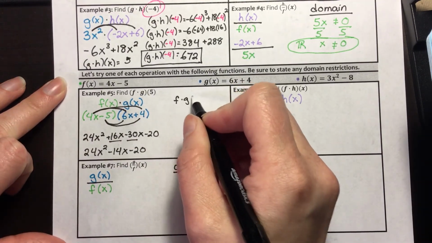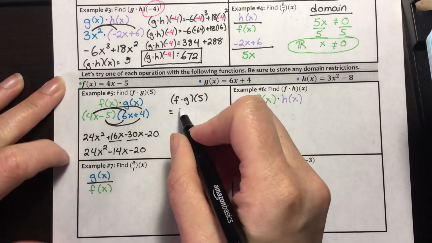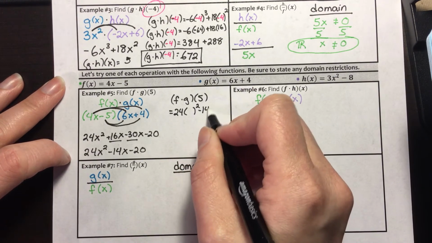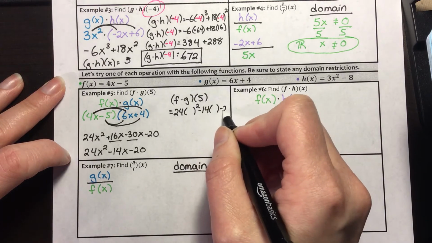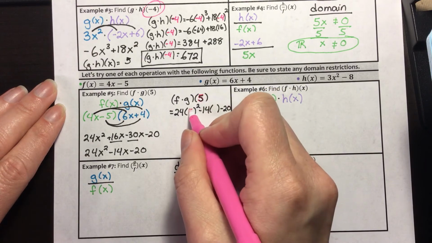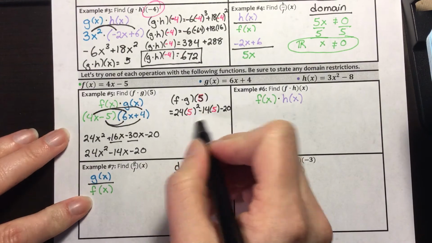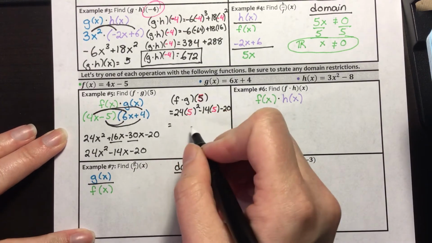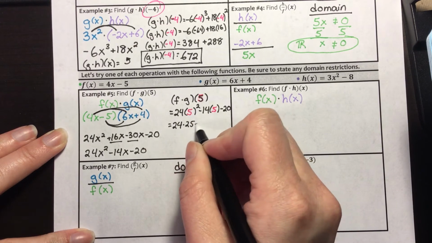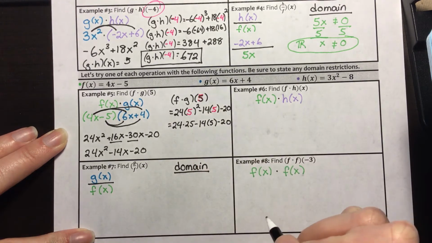Don't really have a ton of room here, so I'm going to put it on several lines. F times g of 5 is 24 times 5 squared minus 14 times 5 minus 20. Our first step in PEMDAS is simplify 5 squared. 5 squared is 25, so we've got 24 times 25 minus 14 times 5 minus 20.